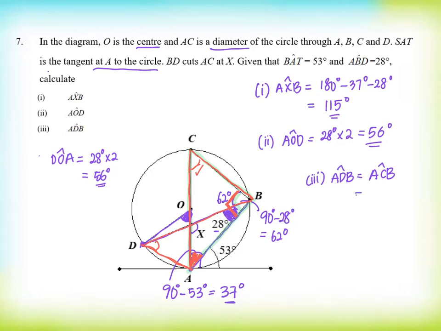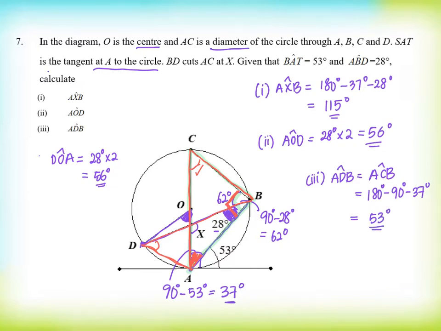And angle ACB can be found using the triangle ACB, where I have 180 degrees minus the angle in semicircle, 90 degrees, minus the angle that I found, 37 degrees. And that gives me an answer of 53 degrees.